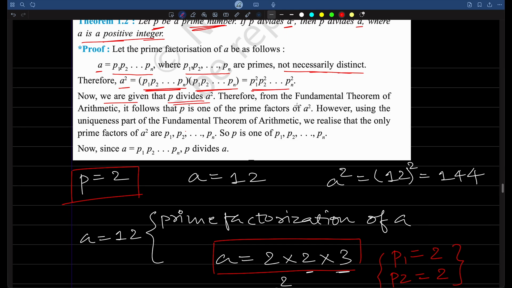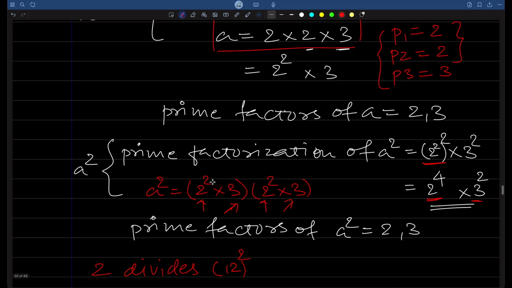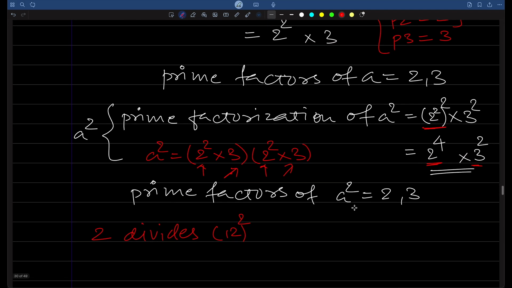Therefore, from the fundamental theorem of arithmetic, it follows that p, that is equal to 2, is one of the prime factors of a square. We have prime factors of a square, that is equal to 2 and 3, and p equals 2, which is one of the prime factors of a square.